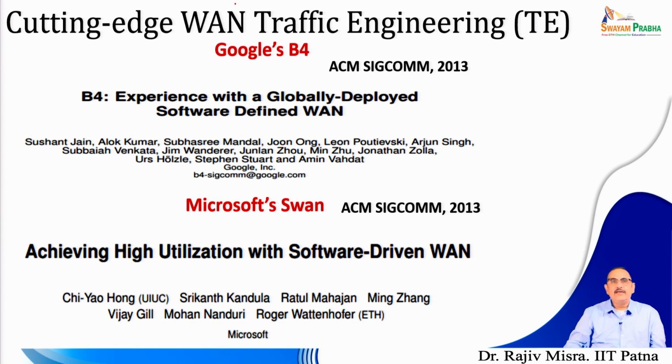So, cutting edge wide area network traffic engineering (TE), which was published by Google, is called the Google B4 method. B4 describes experience with a globally deployed software defined wide area network.